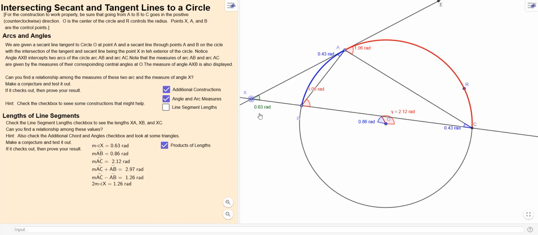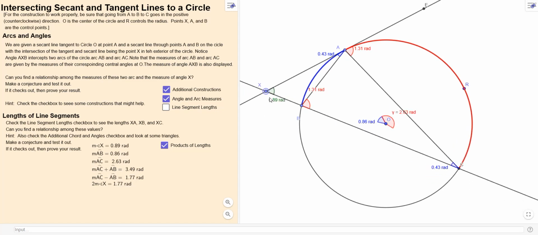Same setup as before. And why would that work? Well, let's look at some angles here. Angle EAC, just to name it, is this red one. It's half of the red intercepted arc here. So is this the same as angle ABC.